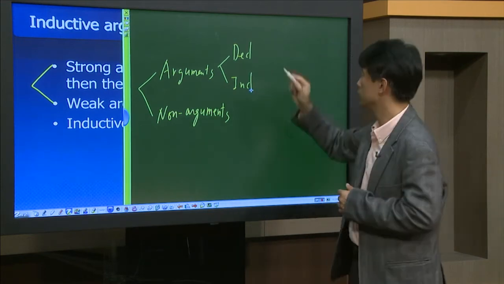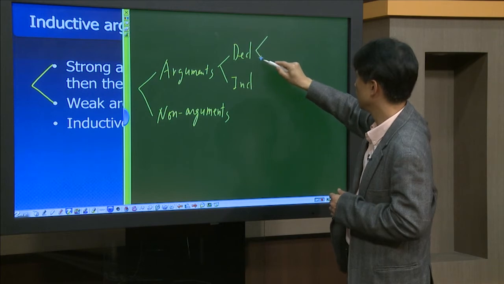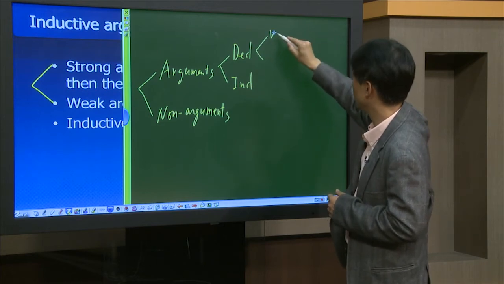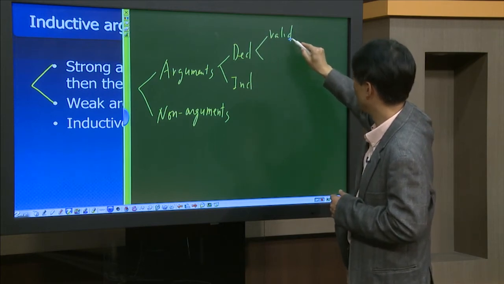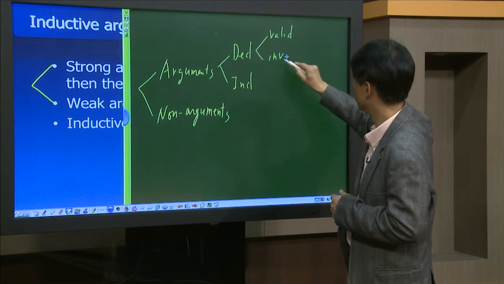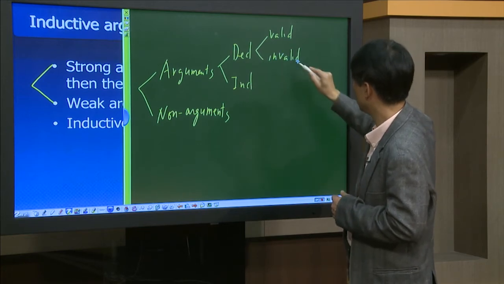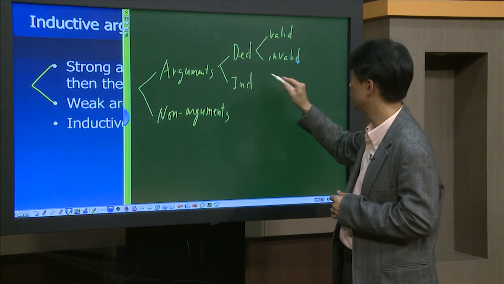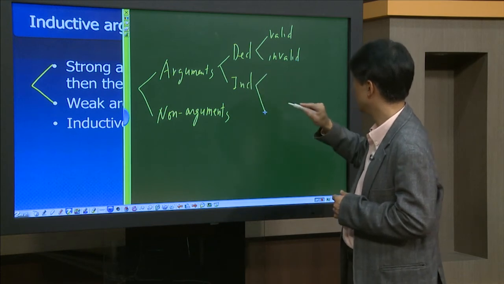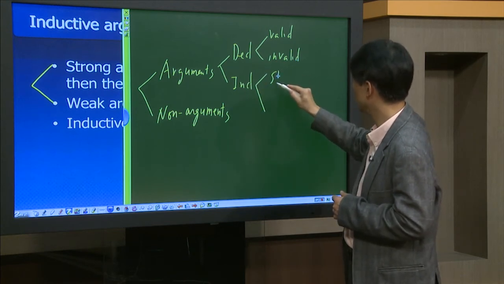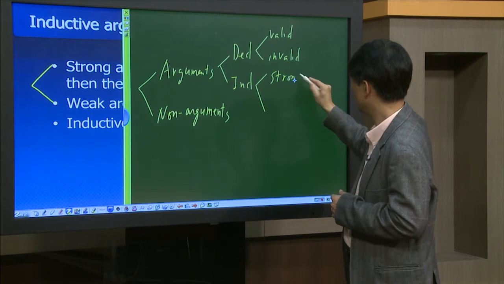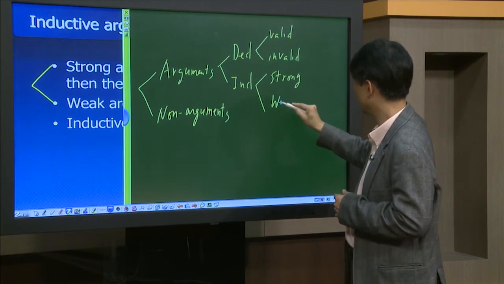Deductive arguments, again, divide into valid and invalid. Inductive argument is divided into strong and weak.